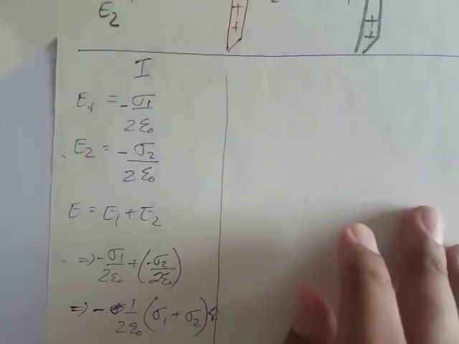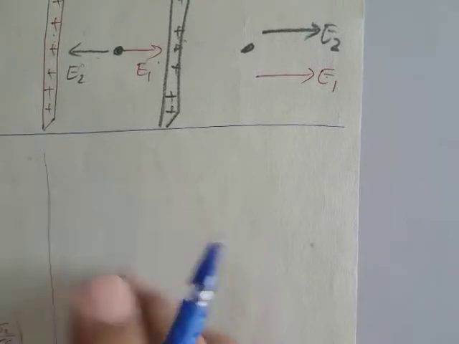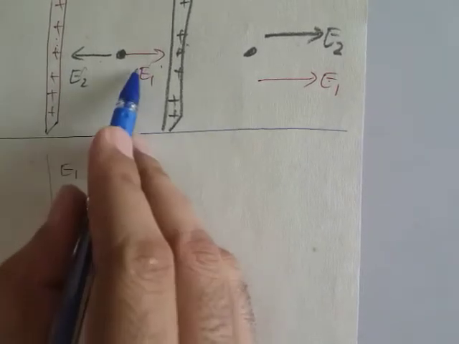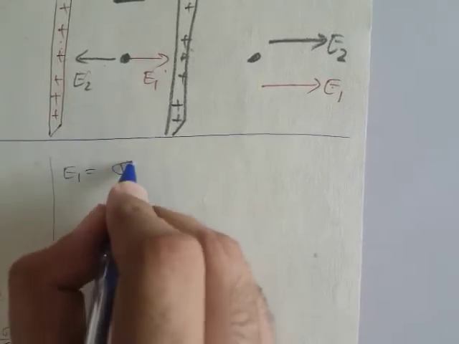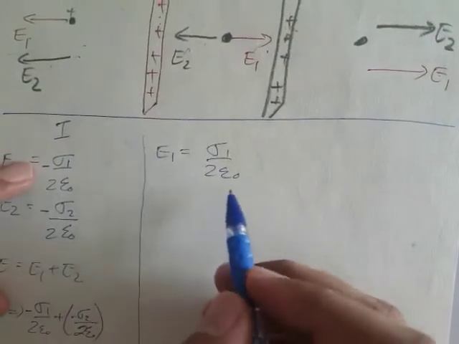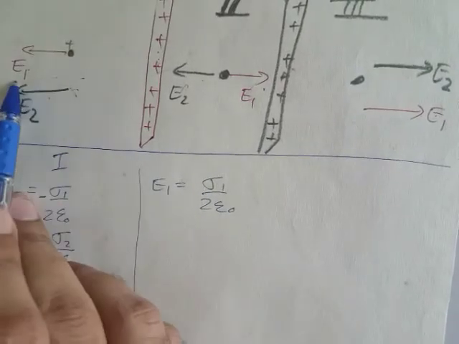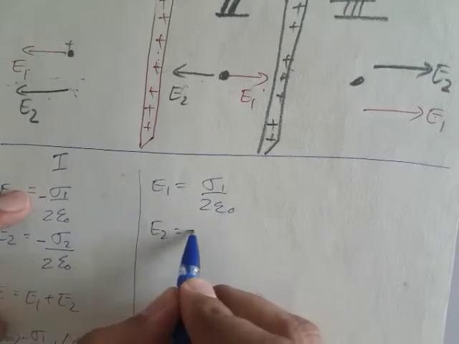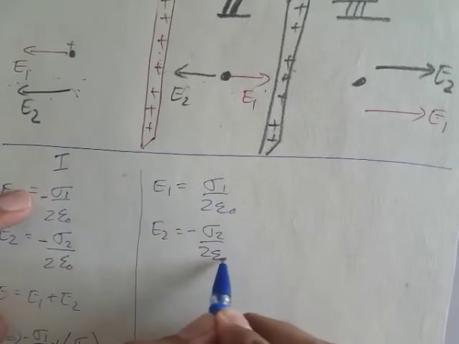In the same way, in region 2, electric field E1 is in the same direction, so it is considered positive, sigma 1 upon 2 epsilon naught. Here it was negative, but here it is positive, because now it is in the same x-axis direction. Now E2 is in the opposite direction, minus sigma 2 upon 2 epsilon naught.